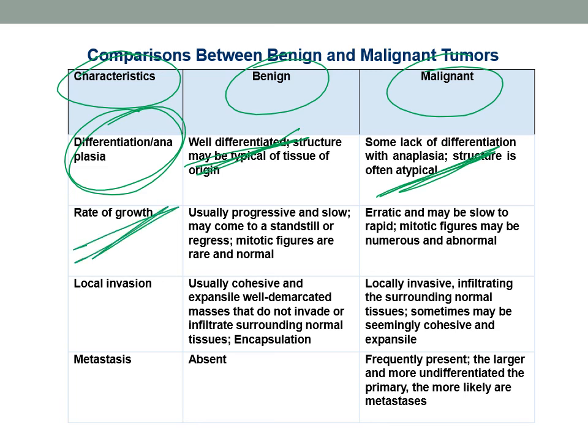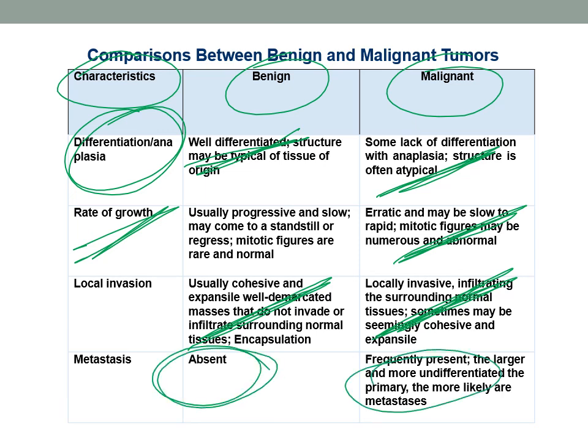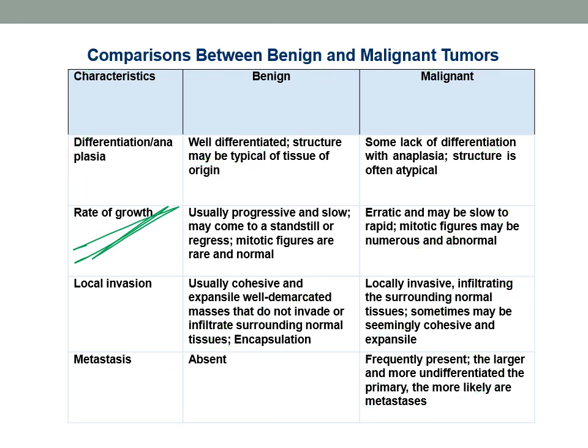Rate of growth: the benign grow very slowly, while the malignant grow very fast. Local invasion: benign do not invade the local structure, while the malignant invade the local structure. And metastasis: benign do not metastasize, while the malignant metastasize to distant organs.